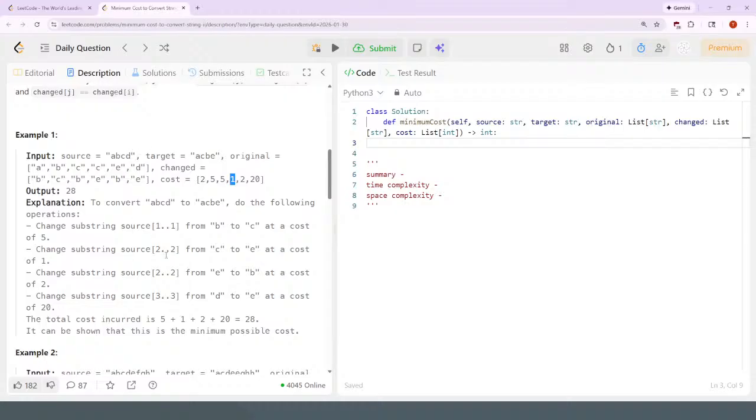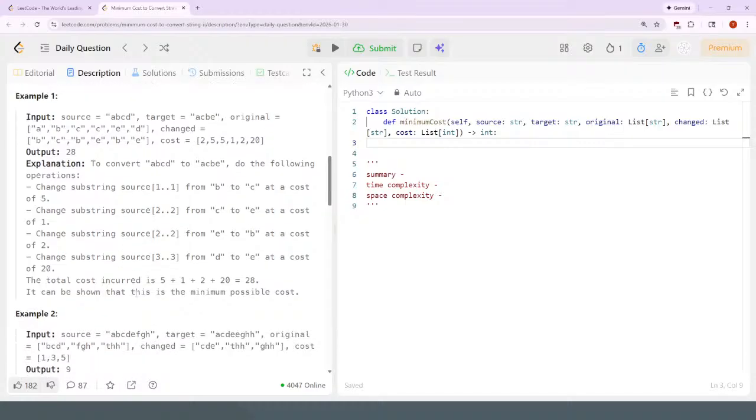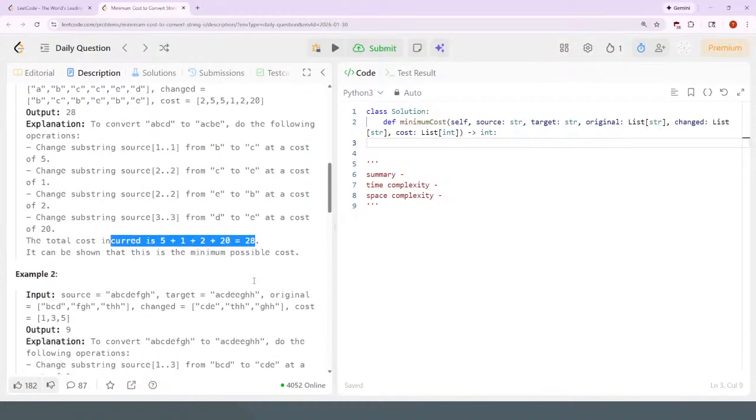Okay, yeah. And then change that same thing from E to B using this, which costs 2. And then changing 3 to 3, D to E, which costs 20. Okay, so this seems exactly like yesterday.